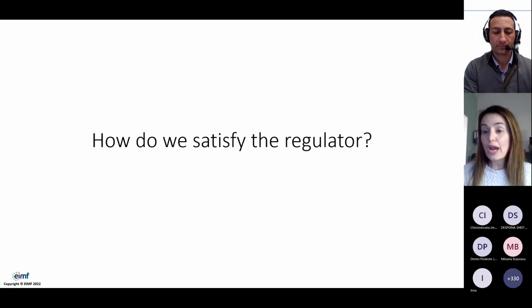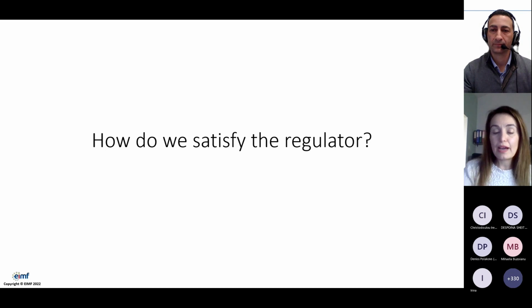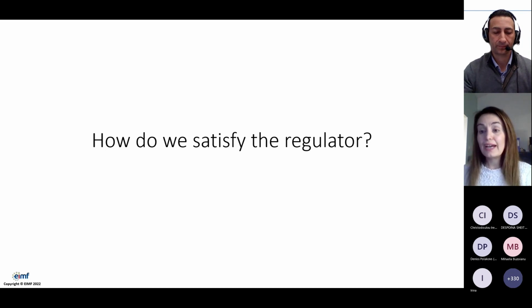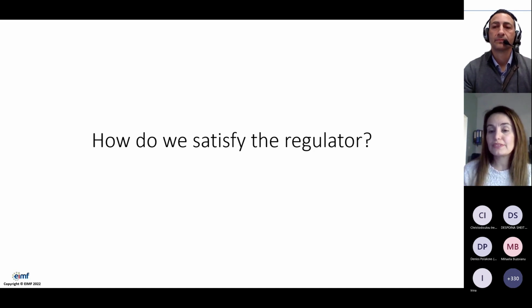Plus, why we have classified the customer as low risk. Can I justify that to the regulator? If yes, then okay. Or why I have classified a customer as medium risk and not as high risk. I need to be able to justify it to the regulator. This is where we have succeeded with our customer due diligence. Not only ticking the boxes, it's not enough.